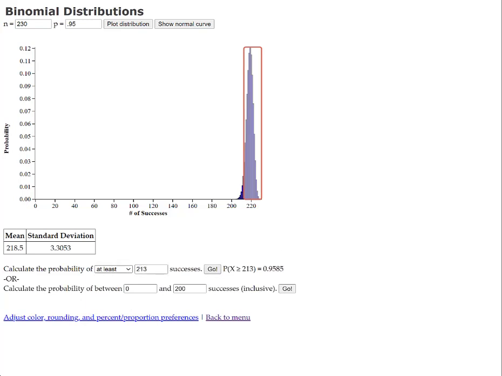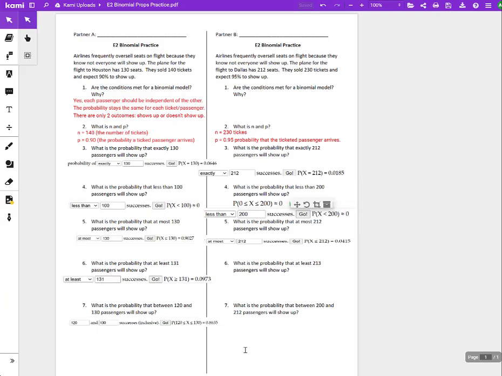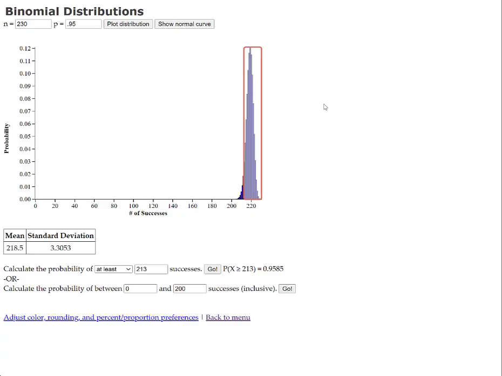And actually, I don't know if you noticed on some of these questions, I'm asking the complement of each other. So if you were to add, I pasted that, there we go, at least 213. If you add 0.9585 to this 0.0415, then you should get 1. Same thing on 5 and 6 on the other side. Then finally, between 200 and 212.